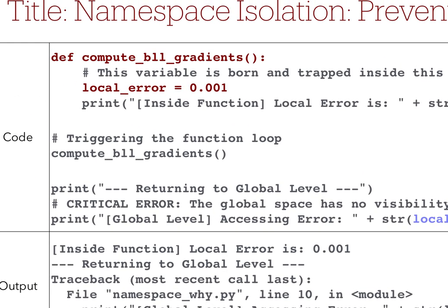So if I, for example, define a function, say compute BRL gradient function, and within that function, I defined a local error with 0.001. If I call the function, then my Python interpreter will execute those lines, the indented lines inside the compute BRL gradient function.